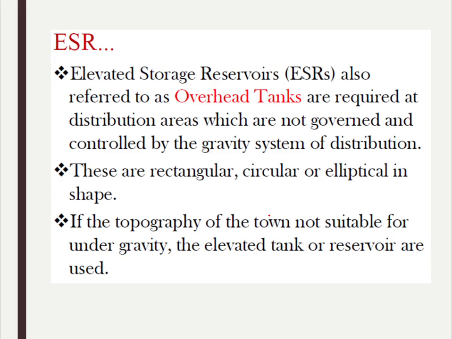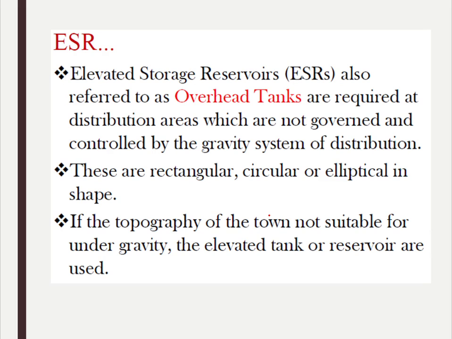Next important is the elevated storage reservoir. This is one thing you can see in many places when you are moving on a road. These ESRs are overhead tanks. Very simple. It is generally used for the gravity system as well as for the pumping system, that is, a combined system.